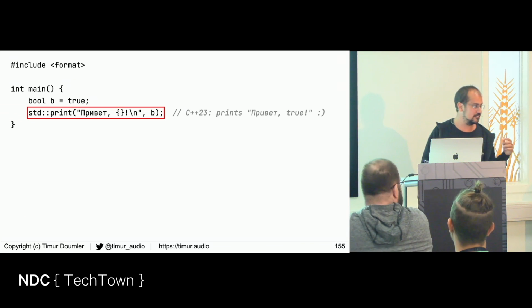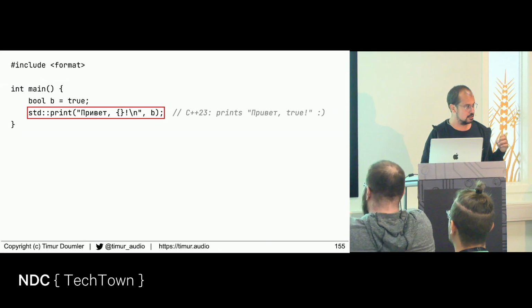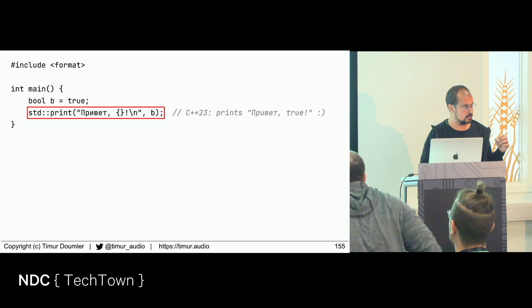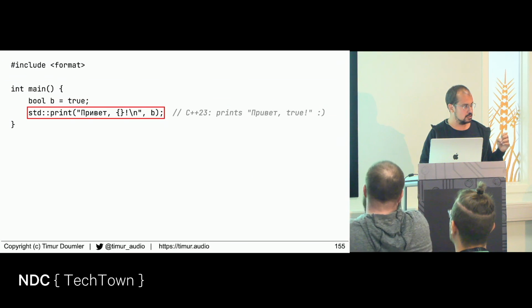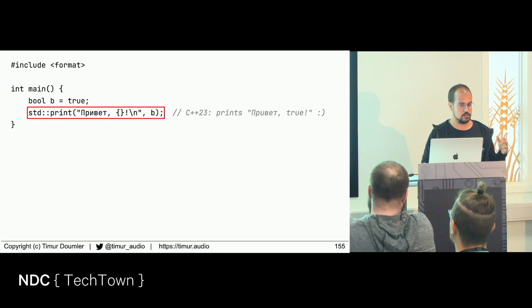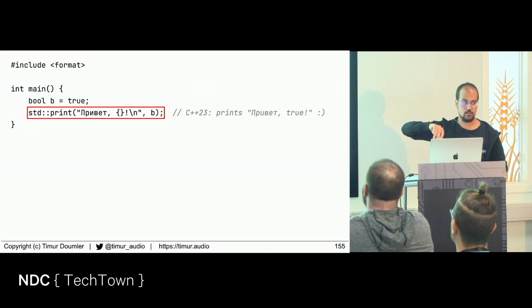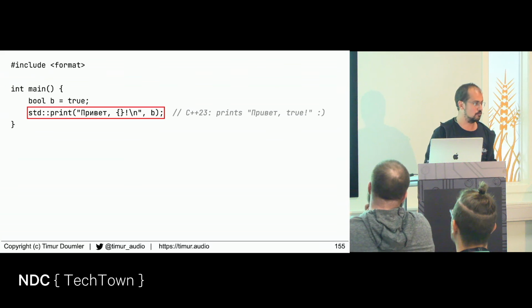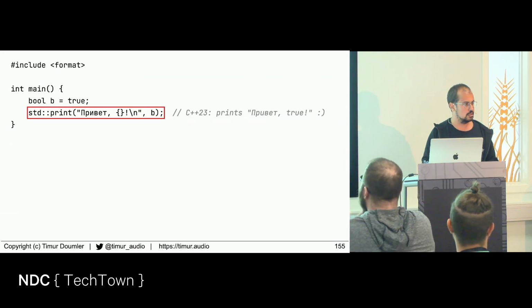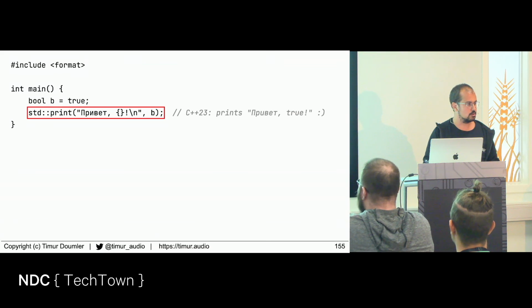Yes, there's a question. Is there a way to make it really correct, which means not writing true in English, but writing true in the same language, in Russian? The question was, what if you want to write true in a non-English language as well? You can have a custom formatter for that and just plug that in, right? Or use the locale version.